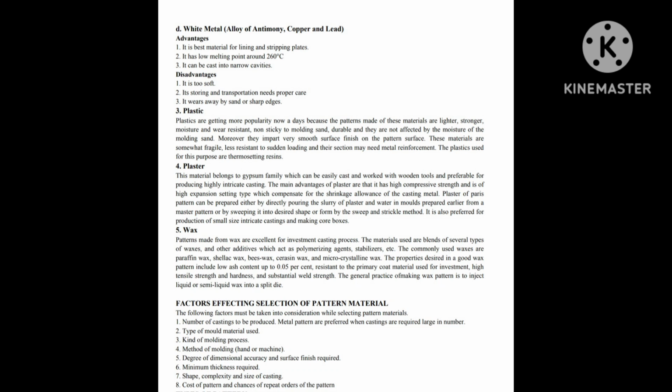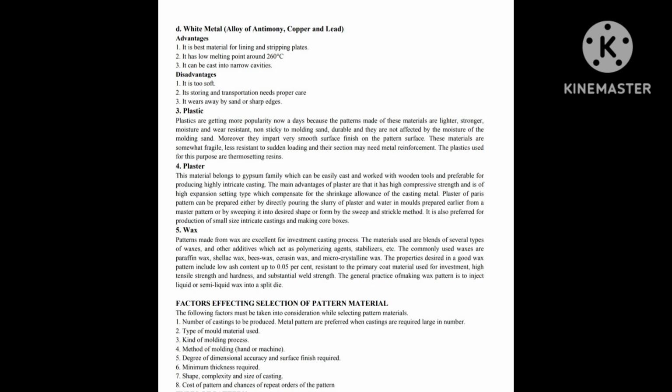5. Wax. Patterns made from wax are excellent for the investment casting process. The materials used are blends of several types of waxes and other additives which act as polymerizing agents, stabilizers, etc. The commonly used waxes are paraffin wax, shellac wax, beeswax, ceresin wax and microcrystalline wax.